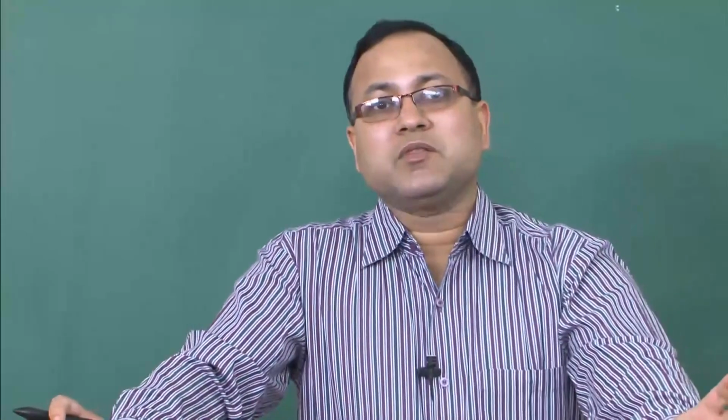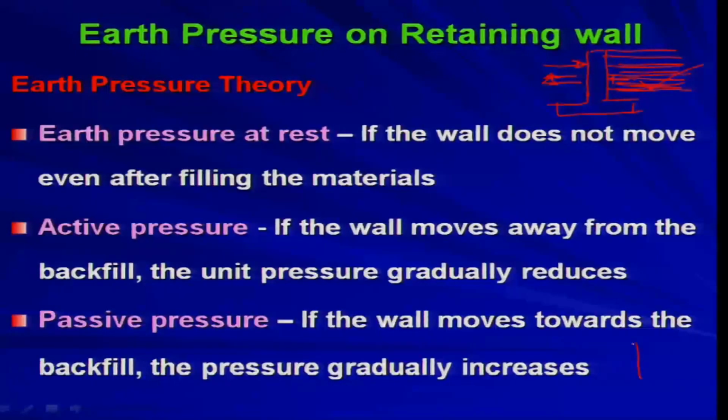Now, what kind of condition or situation will cause this kind of passive pressure? Suppose you have the retaining wall, okay, and on the other side you have the soil, that is your backfill. Now, this retaining wall is retaining some water. Okay, this is some waterfront structure, say for example.